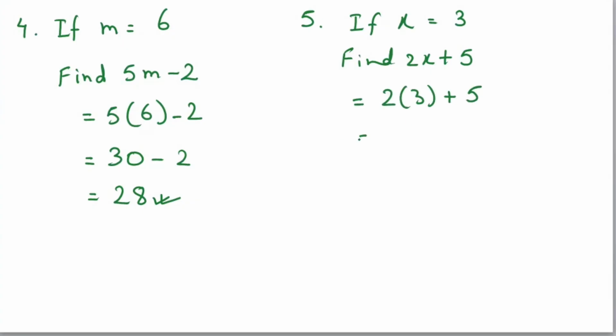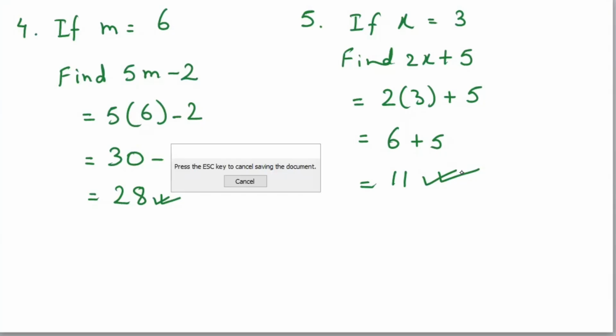Then in step number 2, we have to multiply here. 2 times 3, it will be 6 plus 5. Then we have to do the addition. Then it's 11. This is the answer. I hope it's clear how we can evaluate the expression, meaning how we can solve the expression if the variable is given. I hope it's clear to everyone.